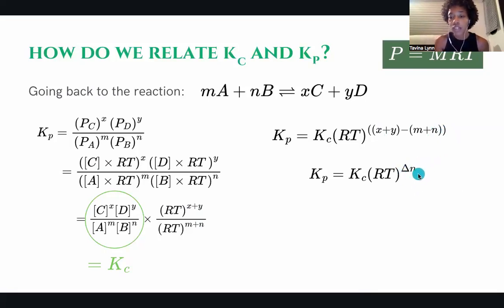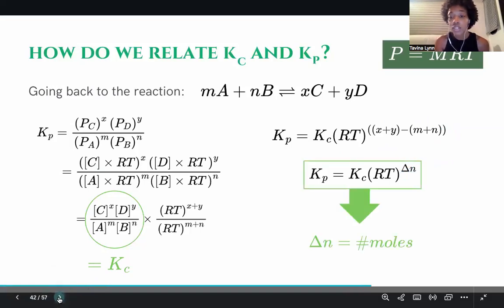It's the difference of the sum of the coefficients on our product side minus the sum of the coefficients on the reactant side, and we can represent that as delta n. Delta n just means the difference in the moles of our products and reactants.